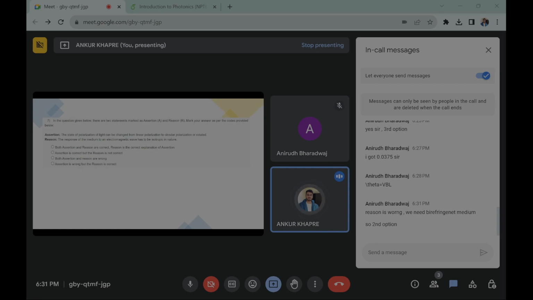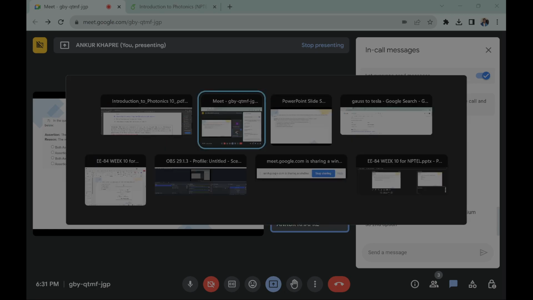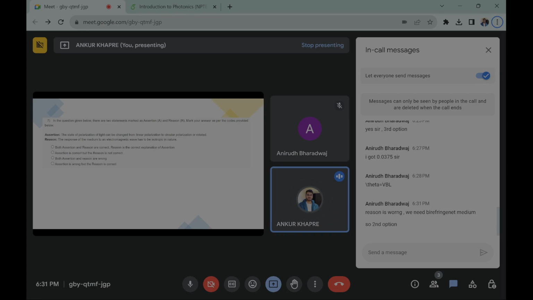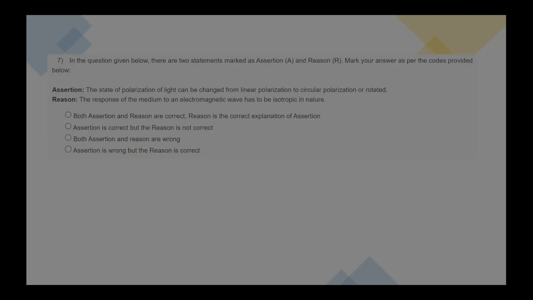That will have a different refraction index in different planes. Suppose in this plane the refraction index should not be the same as in the other plane.